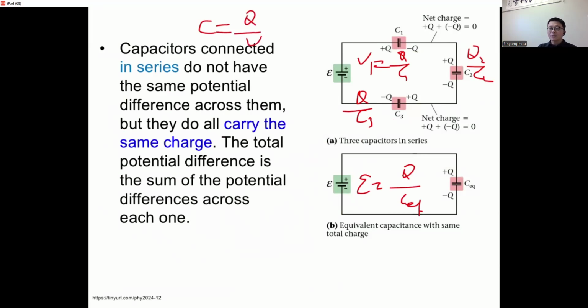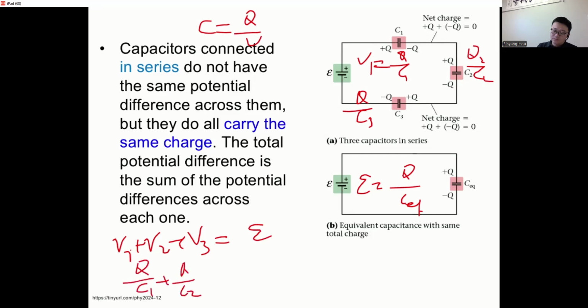Okay, so then V1 plus V2 plus V3 should be equal to epsilon, which means Q over C1 plus Q over C2 plus Q over C3 should be equal to Q over CEQ. Okay, so you'll see that Q will actually cancel across.